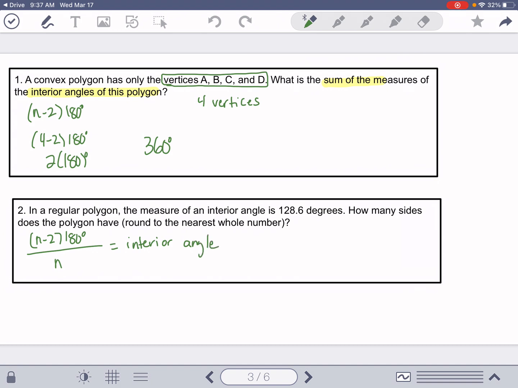So I can use this right here, 128.6 degrees, and say n minus 2. Now, I want to cross multiply because I've got a fraction set up. Anytime I cross multiply, I have to put something over 1. And I would say 128.6 n equals n minus 2 times 180.